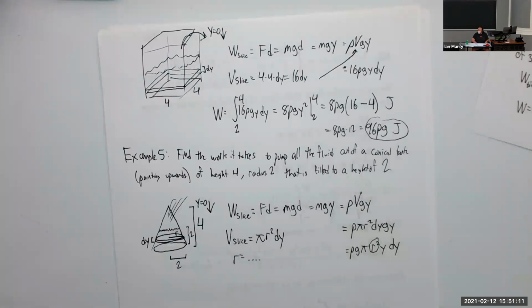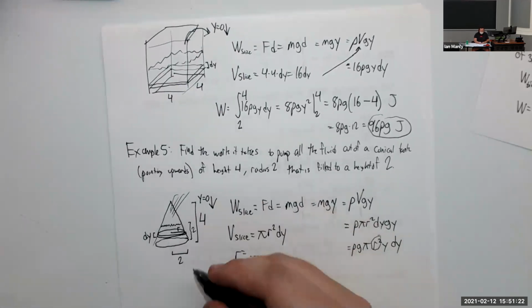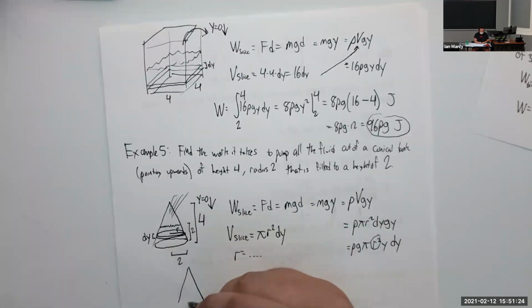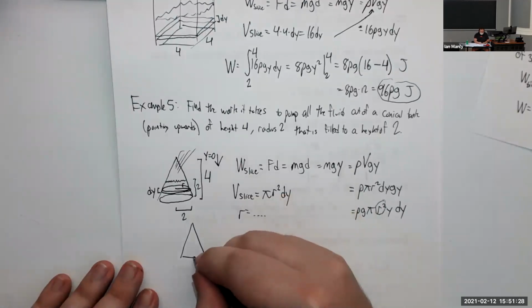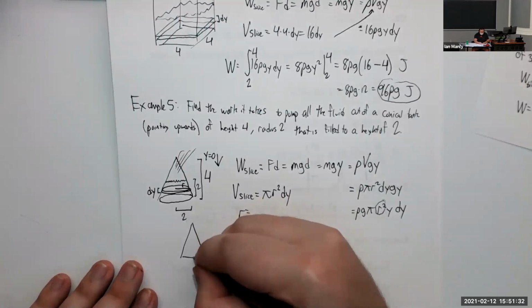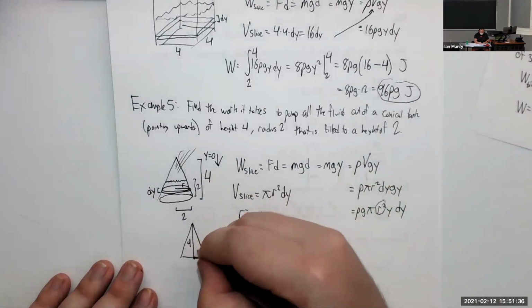I think I heard someone say it in person, and now the chat's saying it. We use similar triangles to do it. So if we take a look at the side view here, here's our overall cone. So remember, this has a radius of 2 and a total height of 4. Now let's say we're down here.